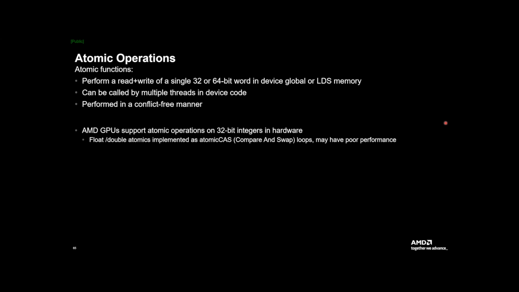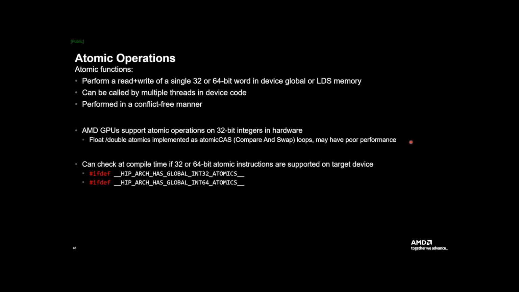Now, float and double atomics are implemented as atomic compare-and-swap loops and may have poor performance. So there are some indications. And you can check at compile time if 32 or 64-bit atomic instructions are supported on the target device, depending on what device you are running. But the MI250X has good support.